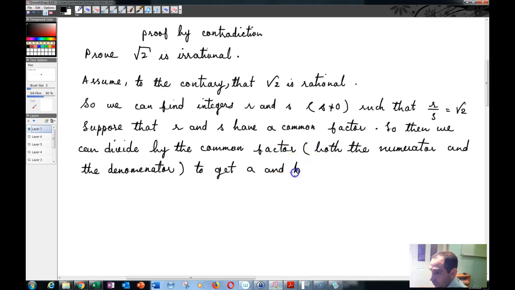What that means is that a and b are now co-prime, meaning that they have no common factors other than 1. A and b are co-prime.